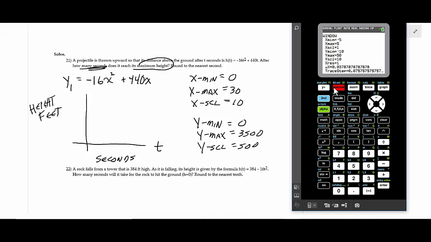And then once you get that put in, you should be able to get a good picture, and then you can figure out what the max is, okay? So I'm going to go ahead and get that set up. And let's see if that looks good. Okay, there we go.